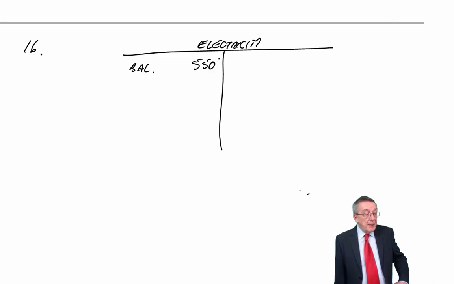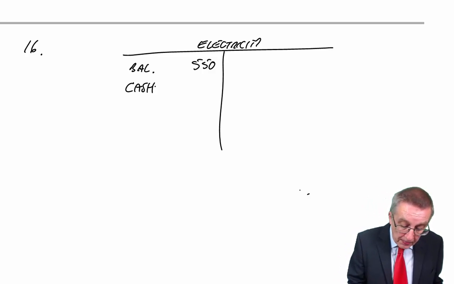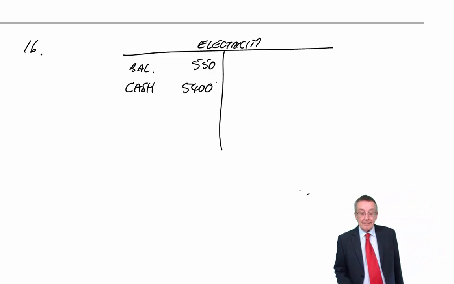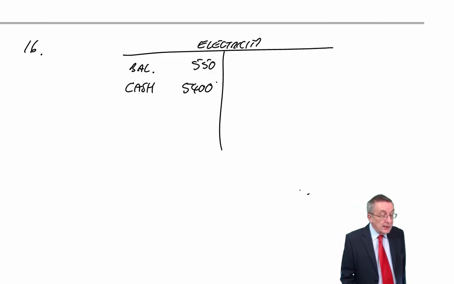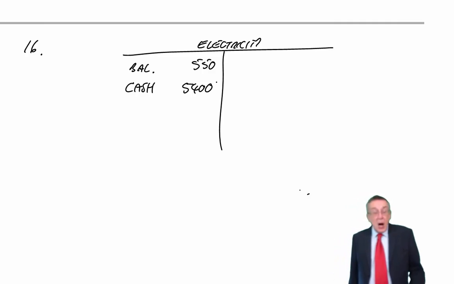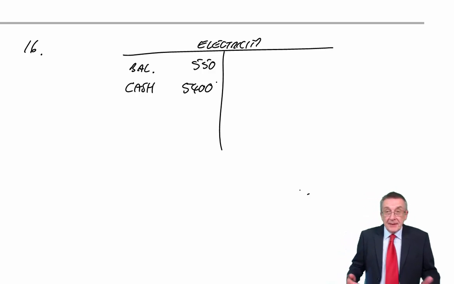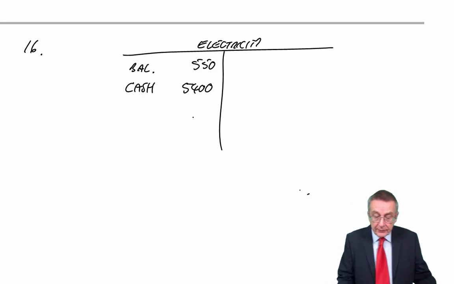During this year, we paid cash, credit cash, debit electricity, 5,400. Finally, at the end of the year, there was an accrual of we owe 650. If we owe 650, there's an extra expense for this year of electricity we've used but not paid for.